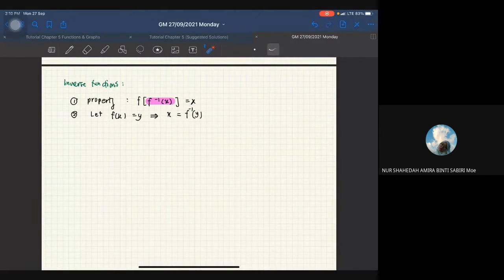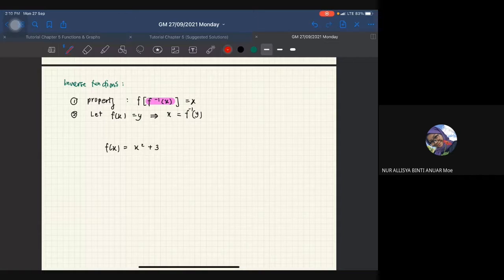Contohlah awak ada one function, let's say you have f(x) equal to x square plus 3. Macam mana awak nak tahu function awak ni ada inverse ataupun tidak? Kita guna cara apa?